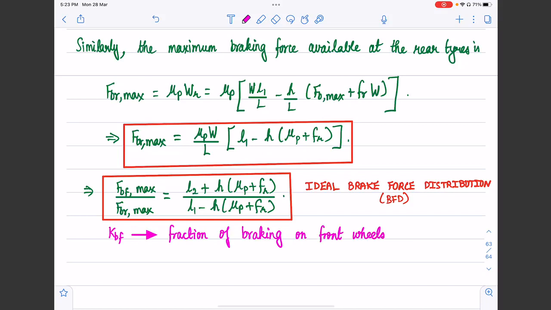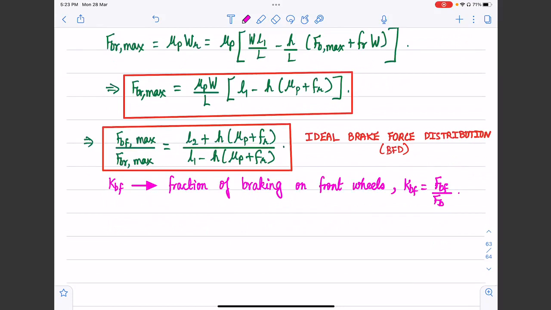Okay, so that means that KBF is typically written as FBF divided by FB. Okay, so it is the braking force from the front wheels to the total braking force. Similarly, KBR is going to be the fraction of the braking force available on the rear wheels.